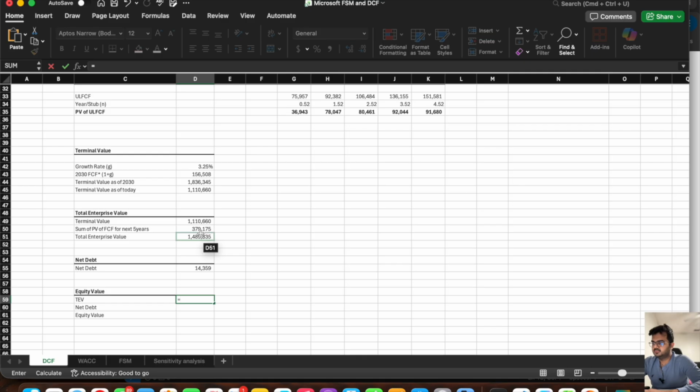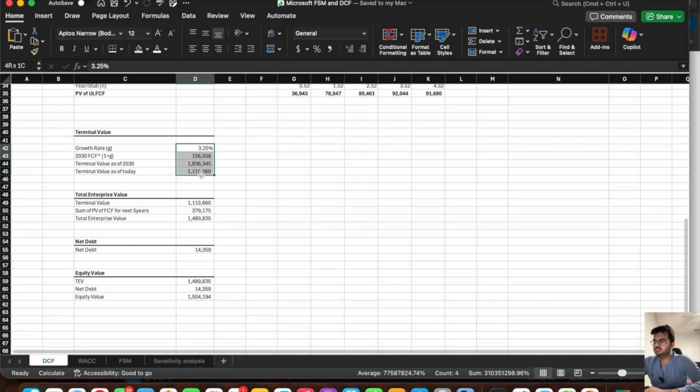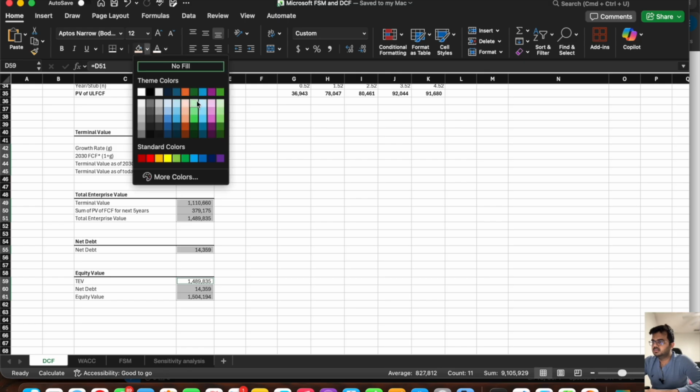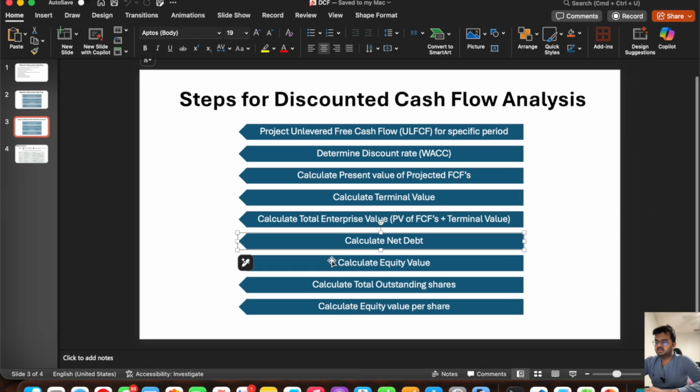So here the total enterprise value is this, debt is this, and if you do the summation of these two numbers, you will get the equity value. And we'll just color code these guys so you don't feel lost in the numbers. Perfect. So now we are done with this one.